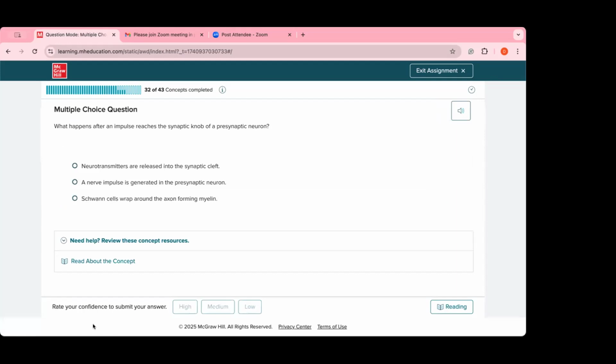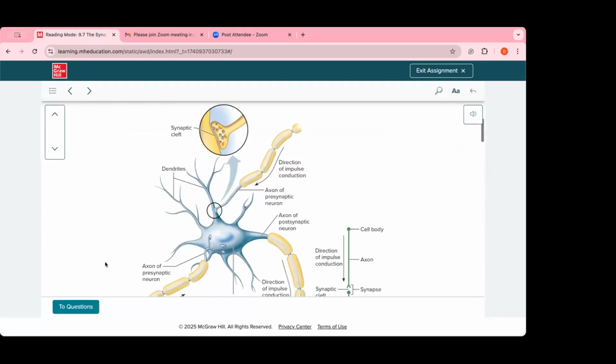What happens after an impulse reaches the synaptic knob of a presynaptic neuron? Okay, let's look it up.